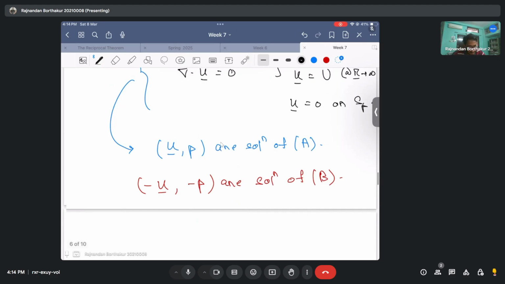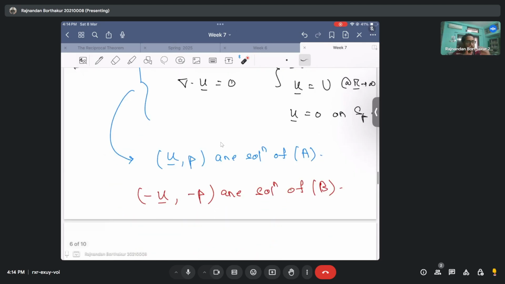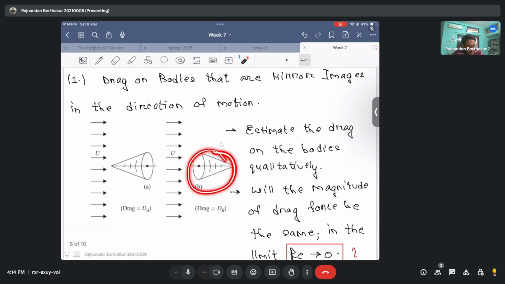I repeat that if I reverse the flow field, if my governing equations are linear, I can straight away say that if the earlier solution to the flow field was u and p, then the solution to the reverse flow field is simply going to be minus u and minus p, which is nothing but the solution if I have an object which is just the mirror image of the first case.